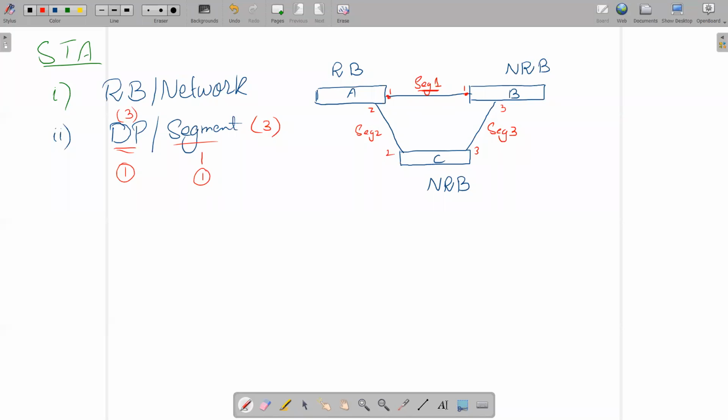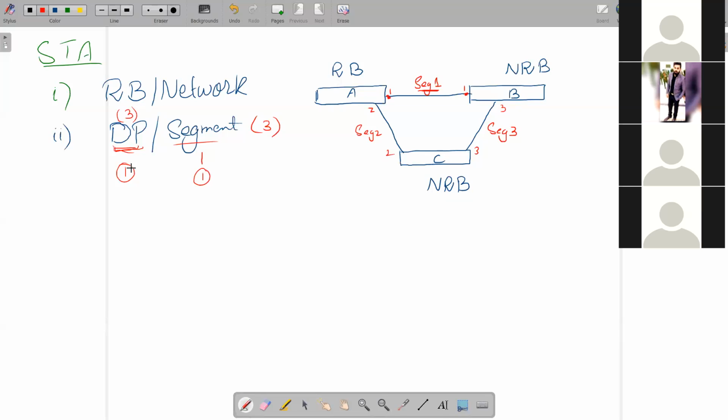This port says, I want to be the designated port, and this port of the same segment is also a candidate to be elected as a designated port. But who should be the designated port? Again, we need to conduct an election. But how does this happen and who is the designated port?